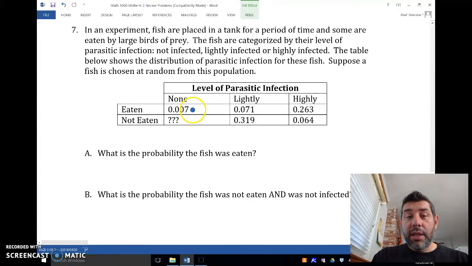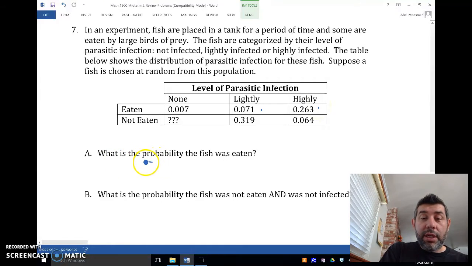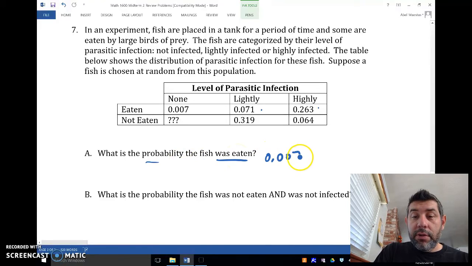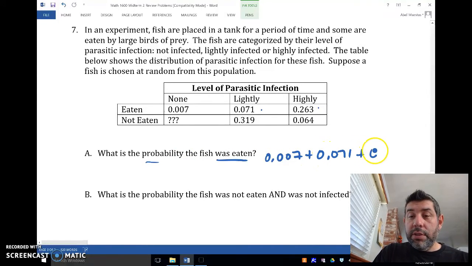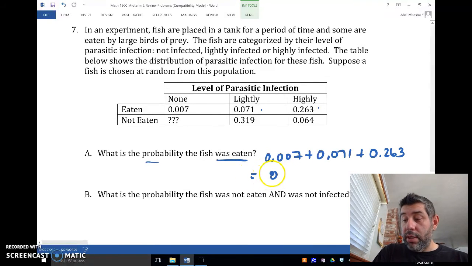So if we add eaten with no level of parasitic infection, lightly and highly, and we add those together, that's going to give me the probability that the fish was eaten. All right, so it's going to be 0.007 plus 0.071 plus 0.263, which gives me a probability of 0.341. If you want, you can write that right here.